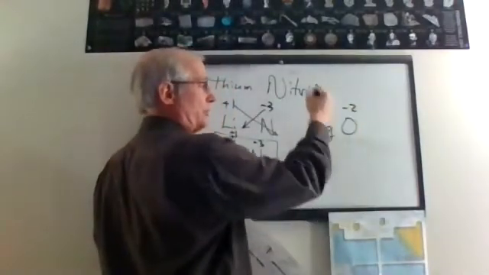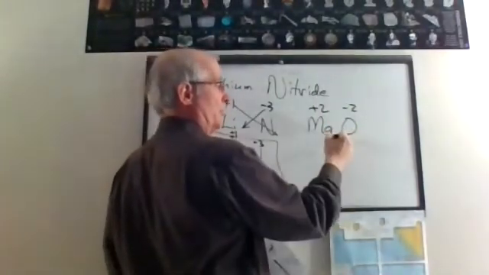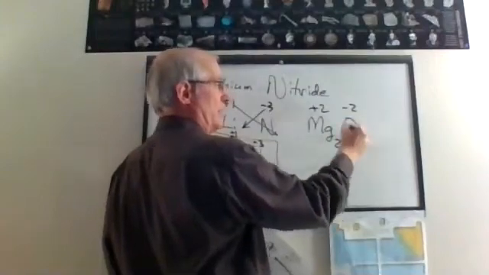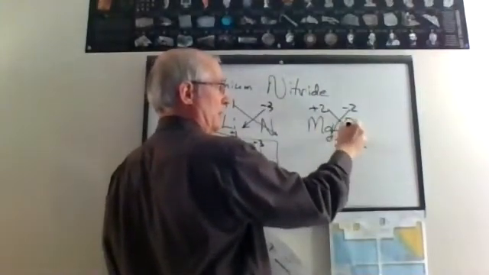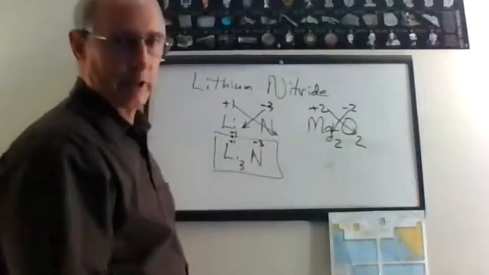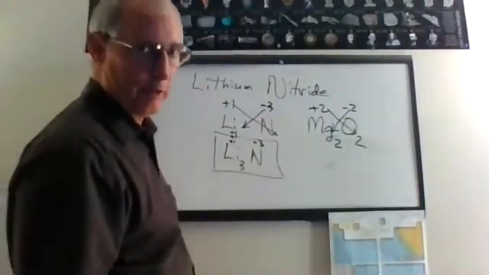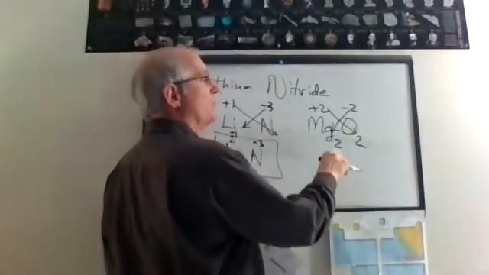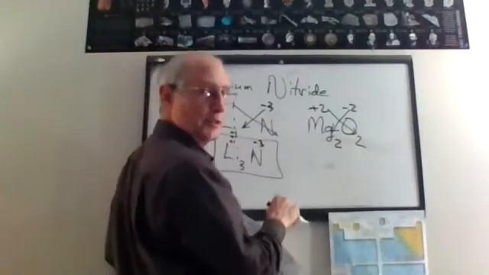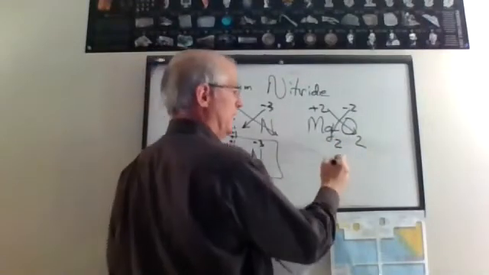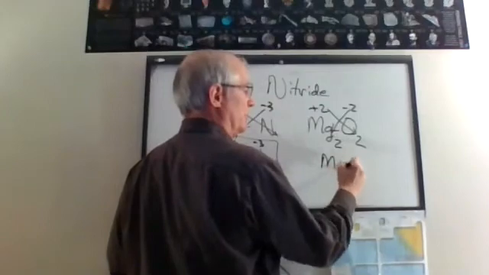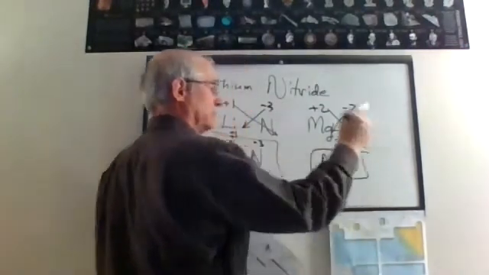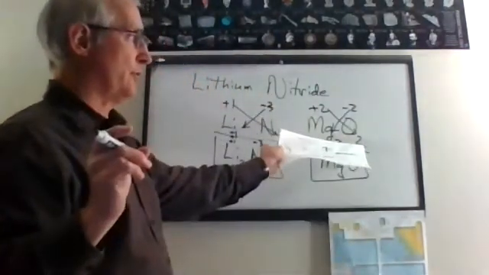When you crisscross this, you put a 2 down there and a 2 down there. Forget the sign, just put the absolute value. Now, can 2 over 2 be the same as 1 over 1? Yes. So the real formula is MgO. If you can reduce it, you have to reduce it.